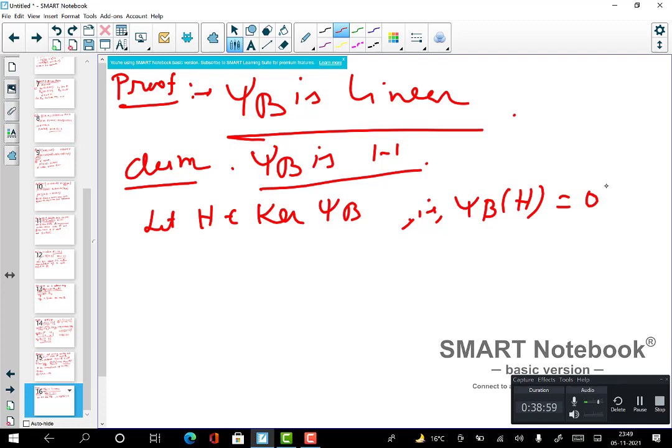With the help of that, we need to show that H has to be the zero bilinear form. That means H of x, y has to be 0 for any x, y. So we need to prove that H of any vectors x, y is 0 for all x, y belonging to V.